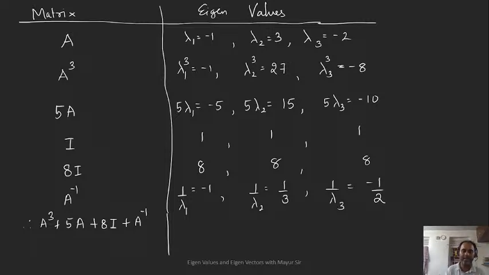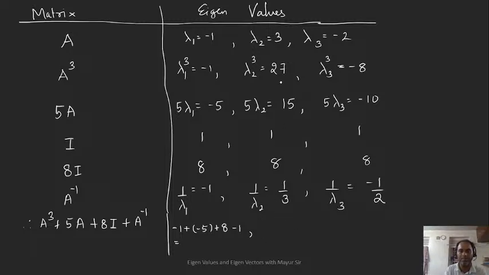So on adding, our answer will be: A cube is -1, plus 5A which is -5, and then 8I is 8, and then here it is -1. Okay, we will solve this, but we'll add first.